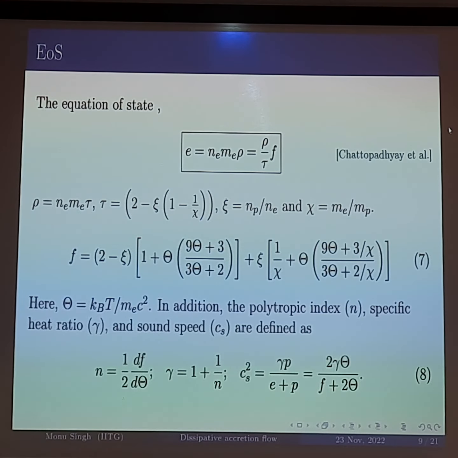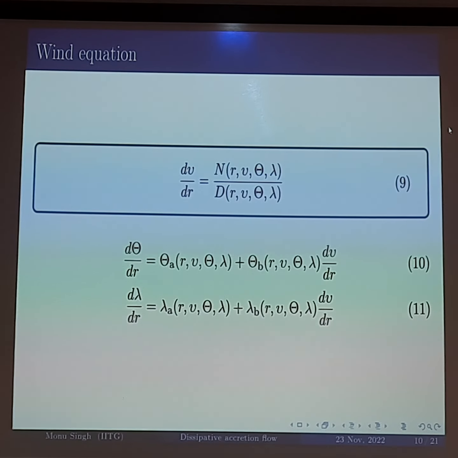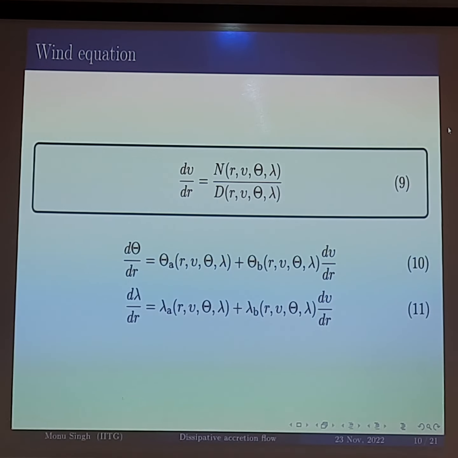So if we juggle all these equations, we get these two equations. The first one is this equation, this is the dimensionless temperature equation, and this is the momentum equation. Primarily we have to solve these three equations to get the solution. So how do we do it?